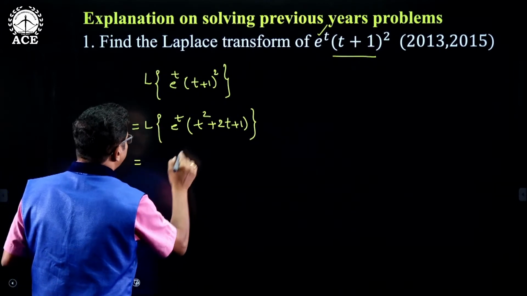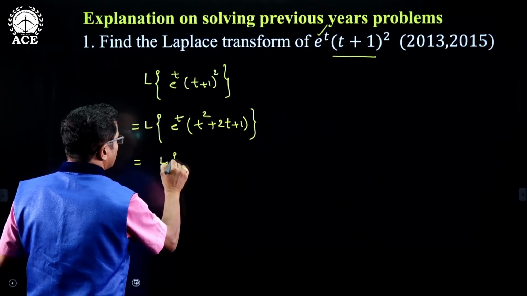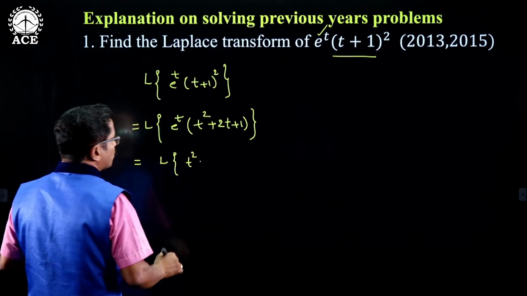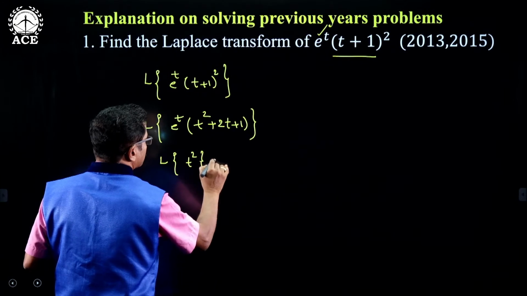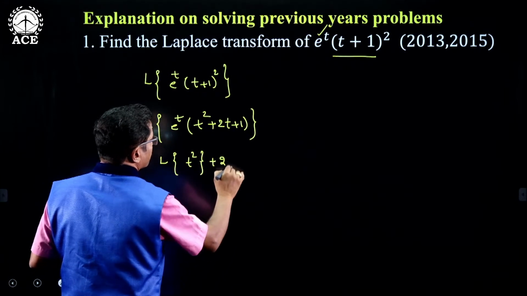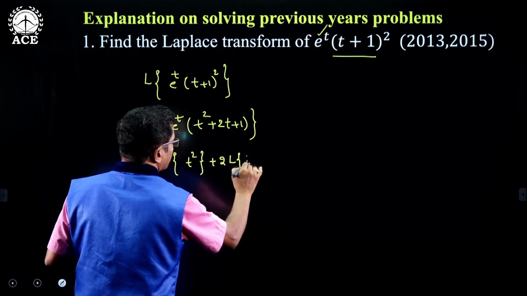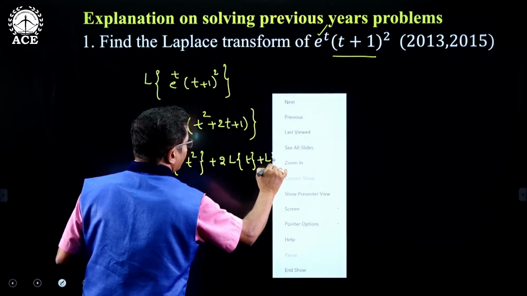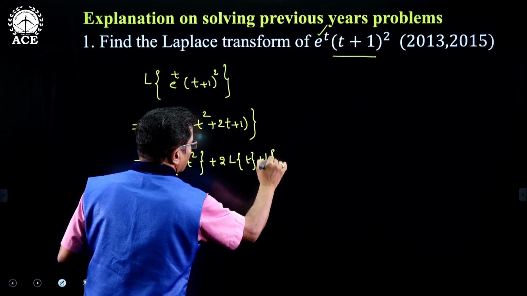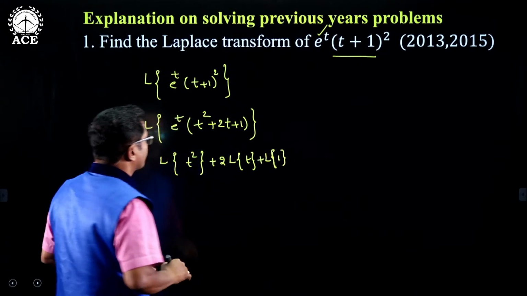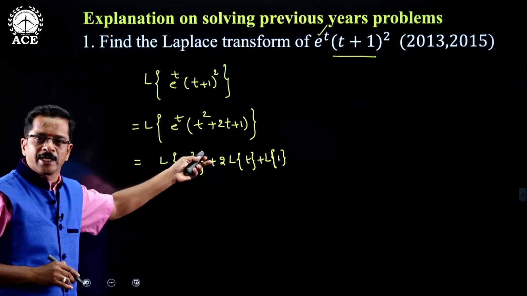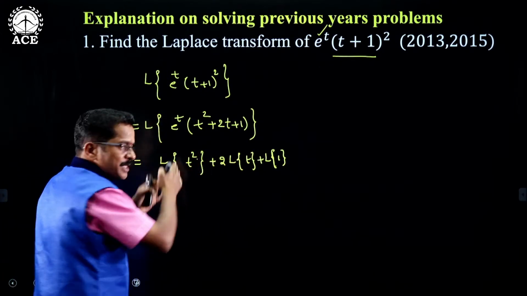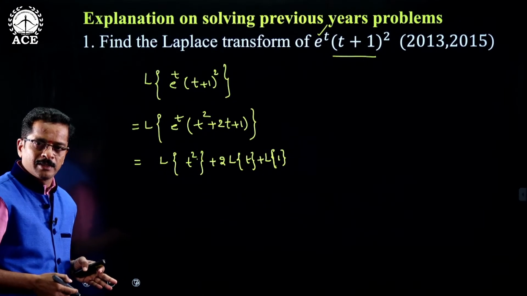With e power t, here L of t square plus 2 into L of t plus L of 1. I applied the linearity property. These are Laplace transforms with a combination of exponential.